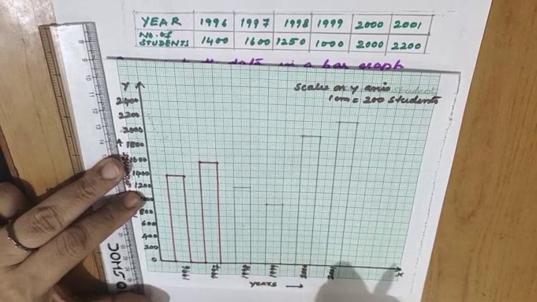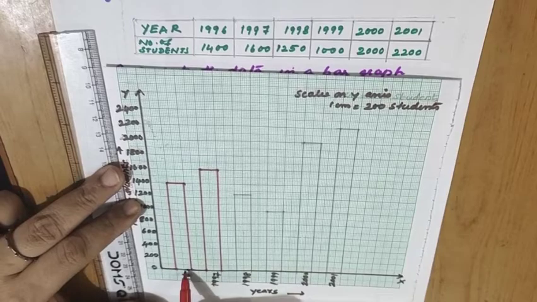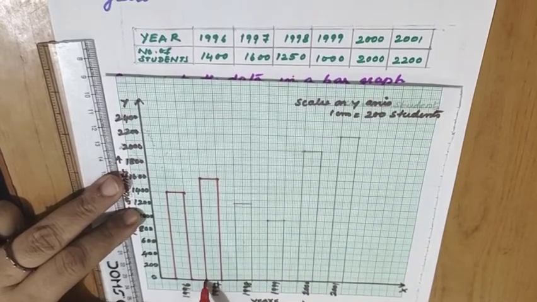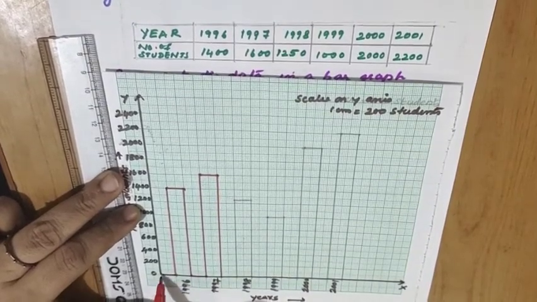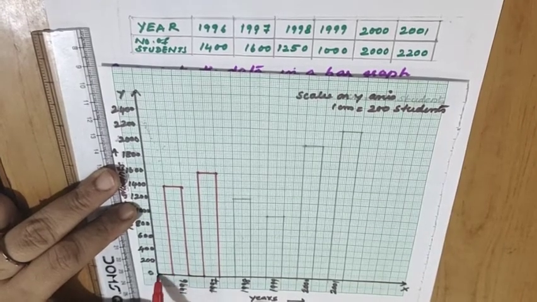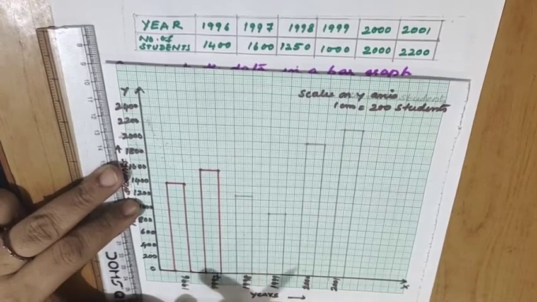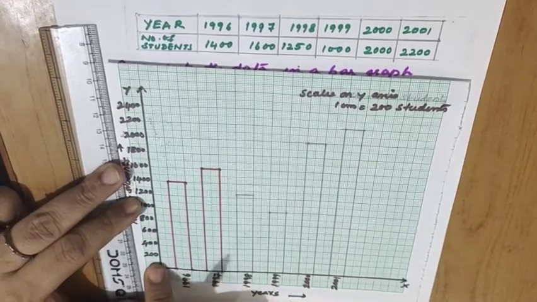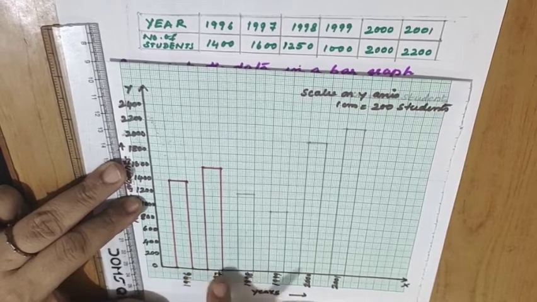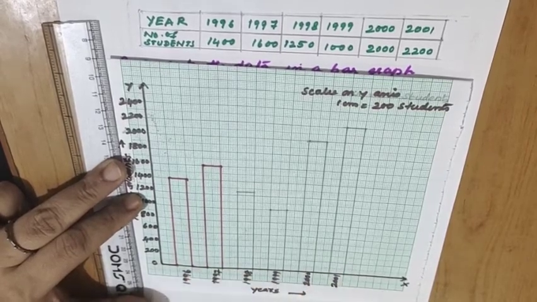Sometimes the number of bars will be fewer, so children decide to keep 2 centimeter between the first and second bar and forget to keep 2 centimeter elsewhere. Whatever distance we keep here, the same space should be left before the first bar and the y-axis also. So everywhere only a 1 centimeter gap we have to take. Like this we have to complete the bar graph.